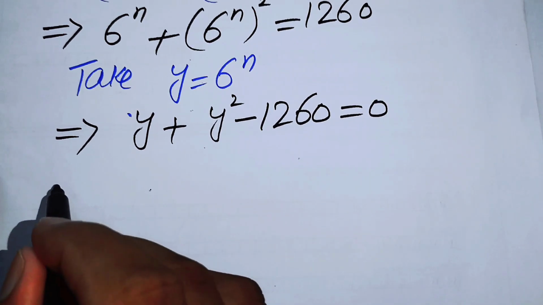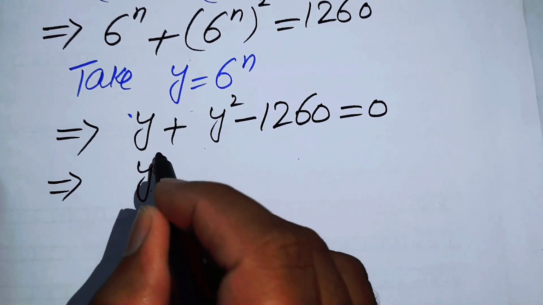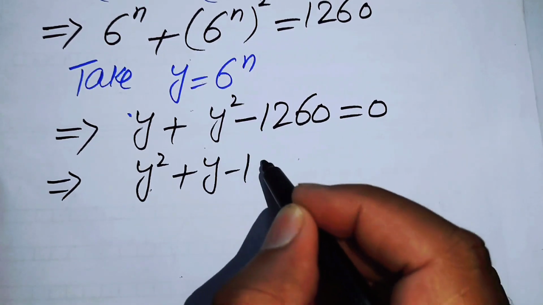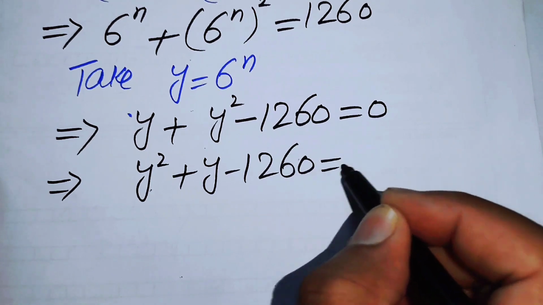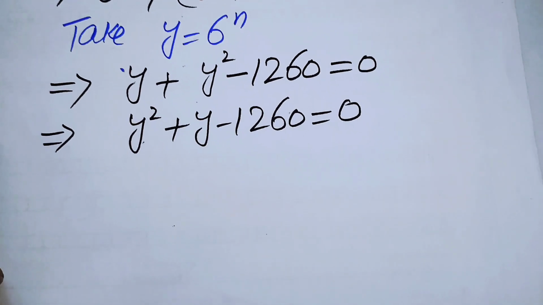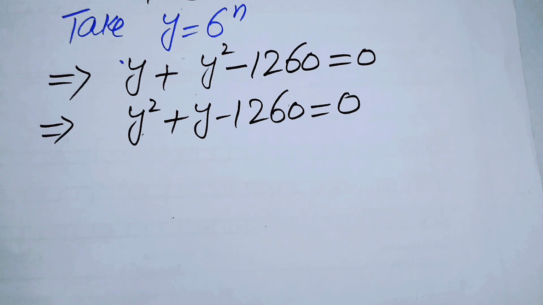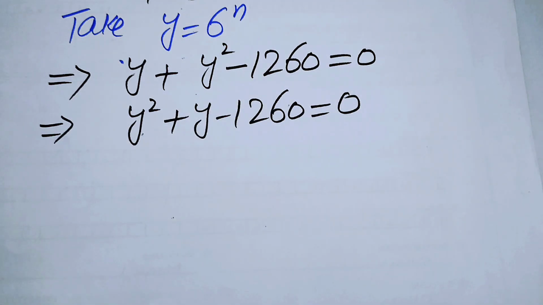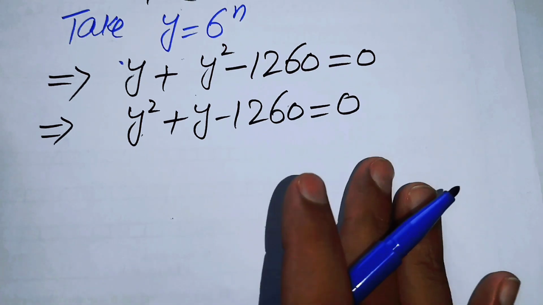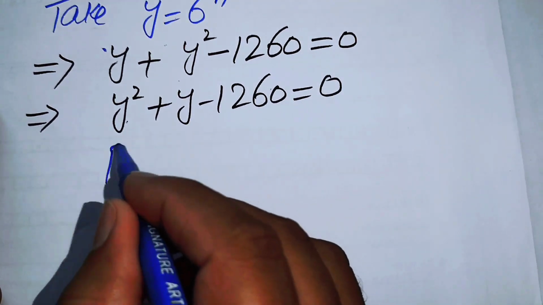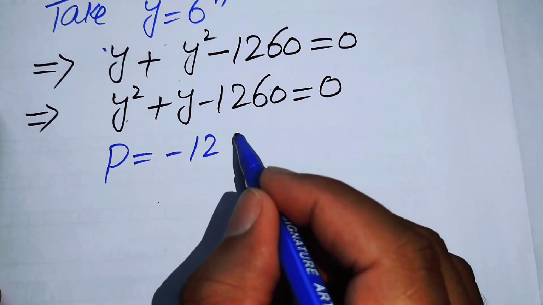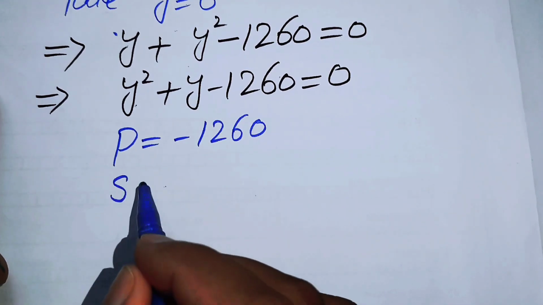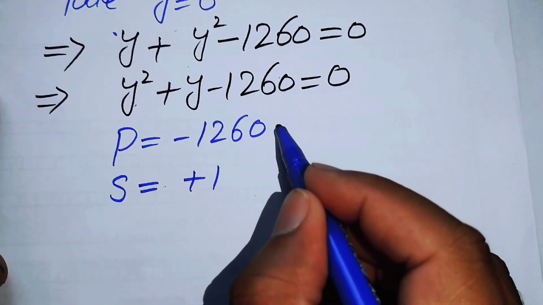Now we will rearrange the terms and you get y squared plus y minus 1260 is equal to 0. Here we need to factor this quadratic equation, so you find two numbers whose product is minus 1260 and whose sum is plus 1.